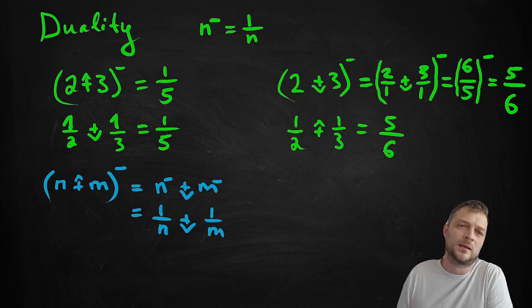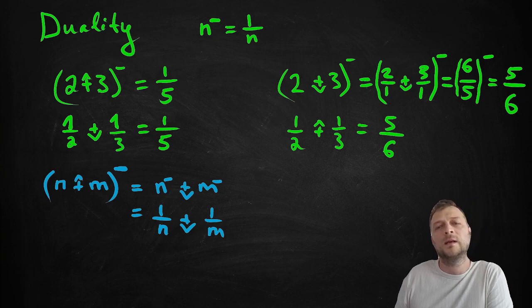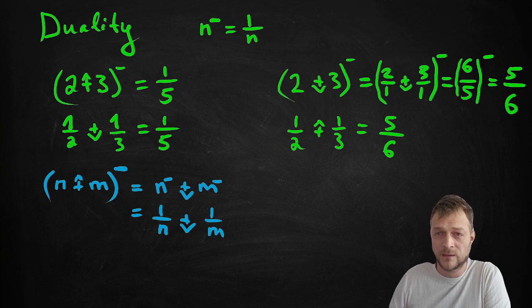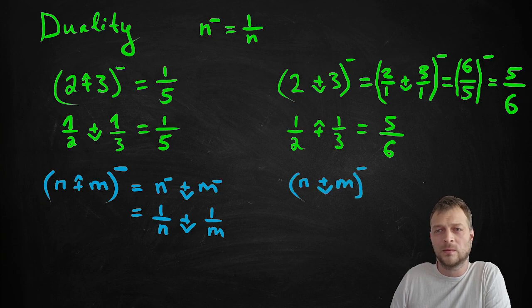Okay, so we can take this minus on the power and put it inside the parentheses. And the same happens on the other side. If we have n plus m to the minus, it will be equal to 1 over n, just regular plus 1 over m.